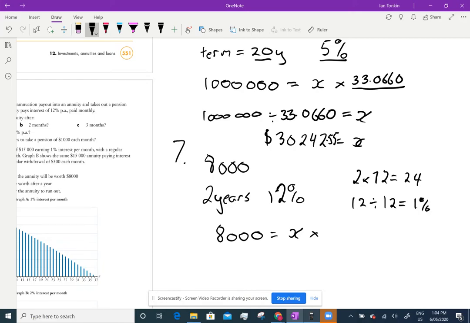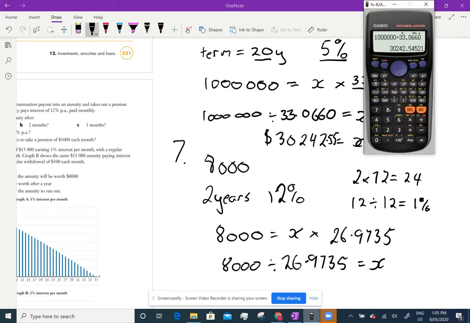So I go and find the right number. 24, 1%, I get 26.9735. So 8,000 divided by 26.9735 equals X.